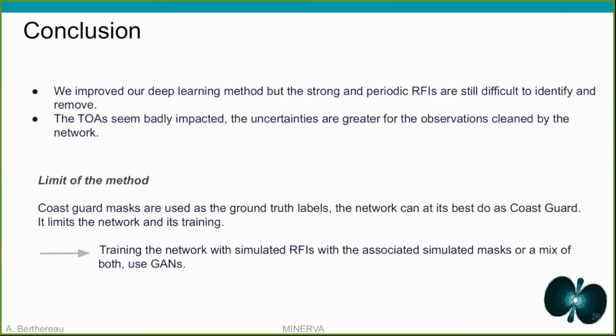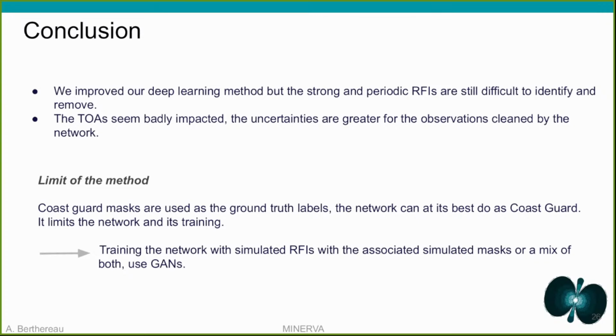For the past month, we improved our method, but we still have the same problem with the strong and periodic RFI. We have difficulties to identify them and then remove them. The TOAs that we are making from this cleaned observation seem badly impacted. The uncertainties are greater for most of the observations.